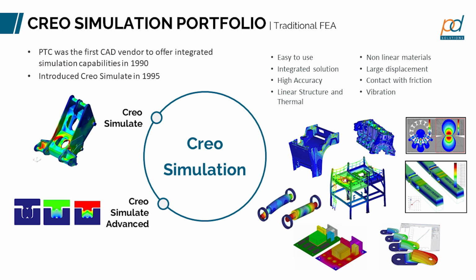And from 1998 to 2001, I was one of the product managers for Creo Simulate. Creo Simulate has two levels, what we call basic or standard, and the advanced capability. This is a very powerful software. It's the oldest software currently available, but it actually has the widest range of capabilities.